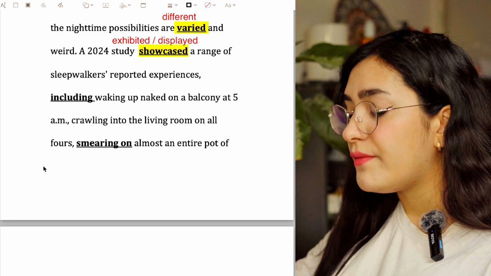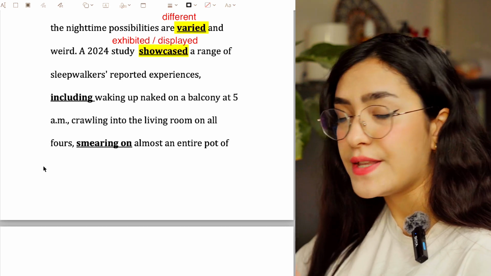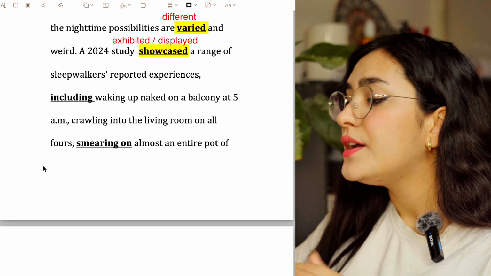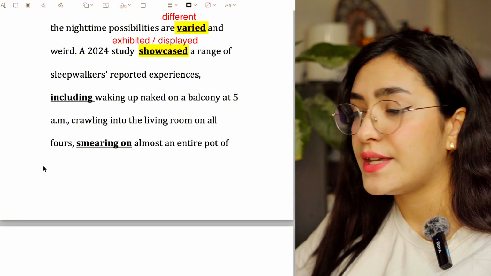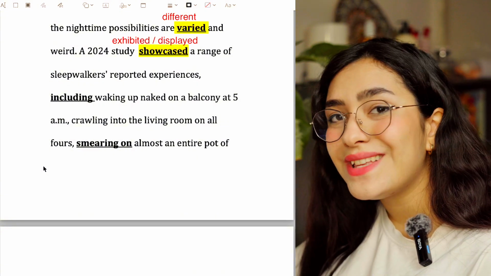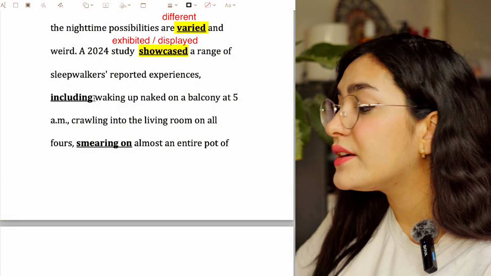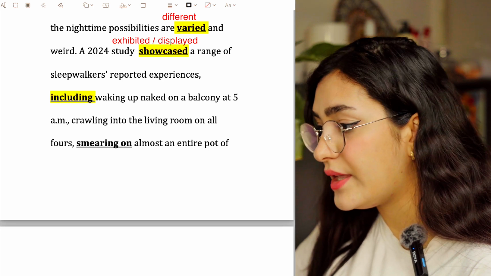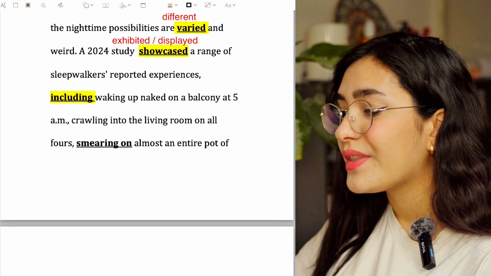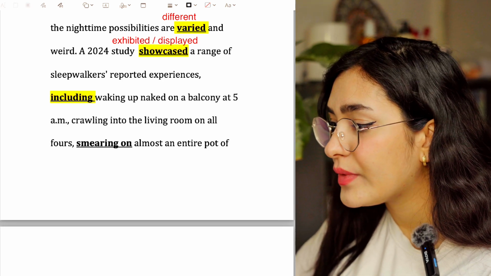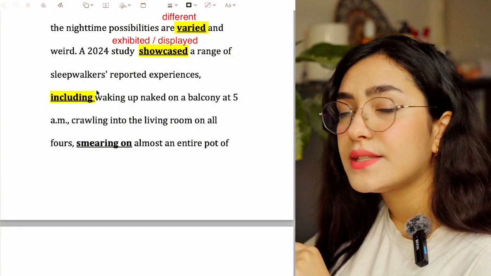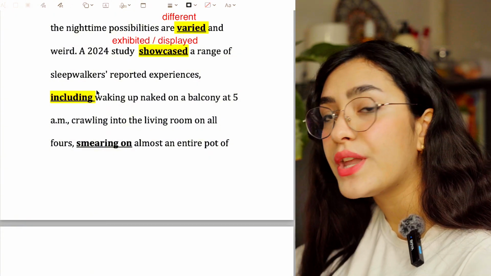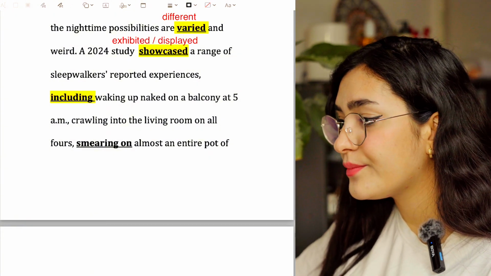A range of sleepwalkers' reported experiences. So some sleepwalkers reported their experiences, including, which means containing. Now we're going to go through the experiences of sleepwalkers.